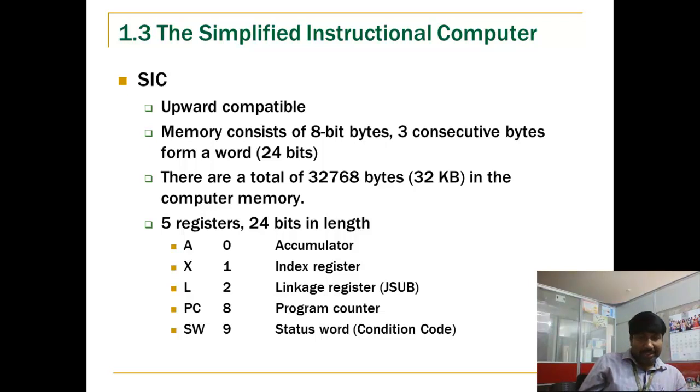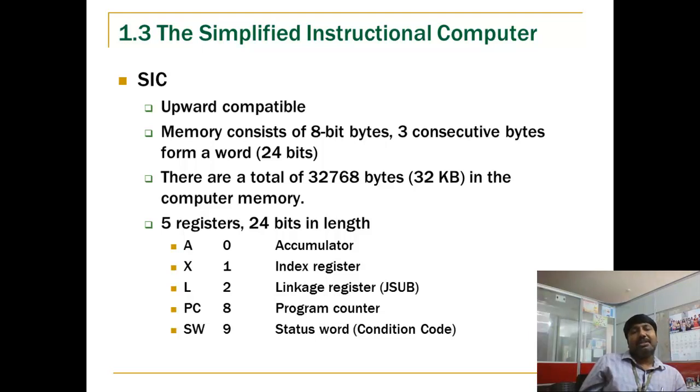Now in this machine we will discuss 5 registers, each register 3 8-bit bytes, that means 24 bits in length. If you take any machine, we have to use a processor register, that's called the principal register, that's the accumulator. For better understanding and for other conversation, we will give a number to each register.